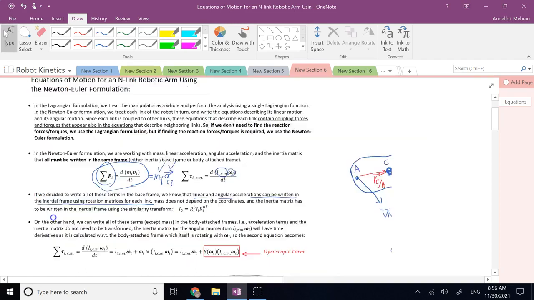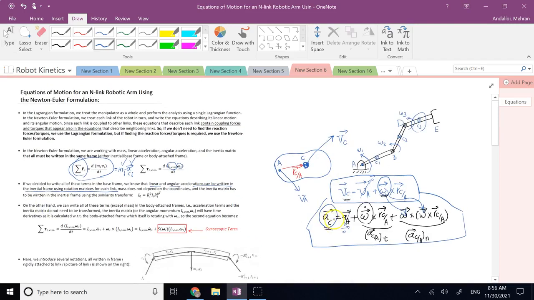Okay, because when you find this acceleration, you have to make sure we are writing now everything along the base frame, about the axis of the base frame.